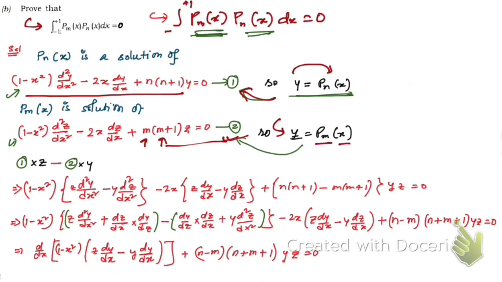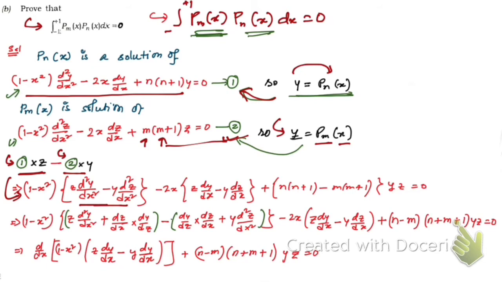Now we have multiplied z with equation number 1 and y with equation number 2. Then we have subtracted equation 2 from equation 1 after this multiplication, and doing so we get this step. Then we have rearranged these terms.